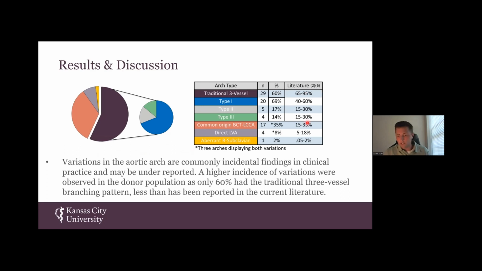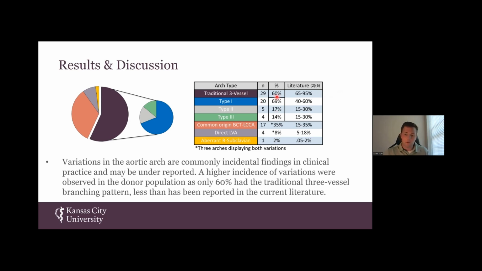And if you look down this table, there is a wide range of what's been reported for each of these variations and subtypes. So I think that just kind of drives home the point that there isn't an accepted range for the prevalence of these variations, and it kind of solidifies the need to further examine these variations.